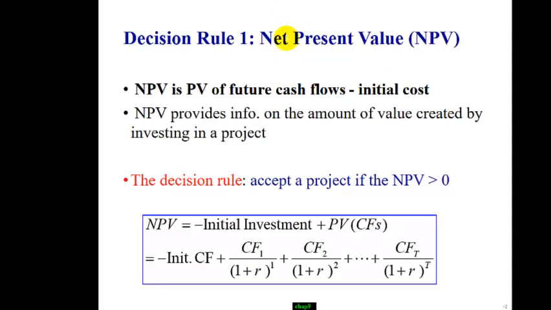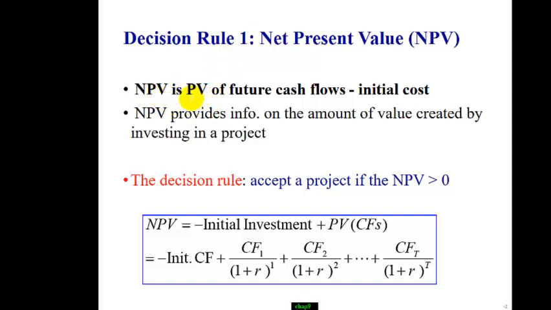The first one is net present value, NPV. This is one of the most popular, most widely used decision rules. If you don't remember the other ones, just pick this one. So how do we figure out net present value?